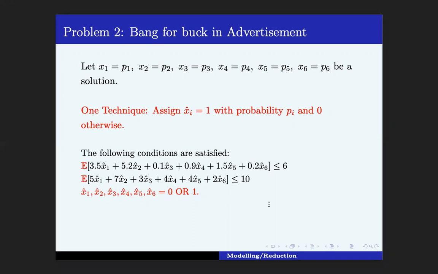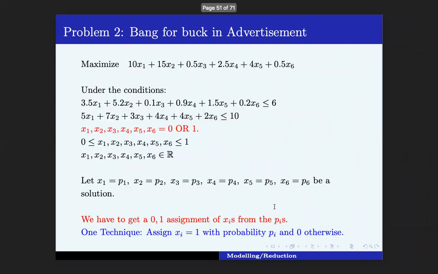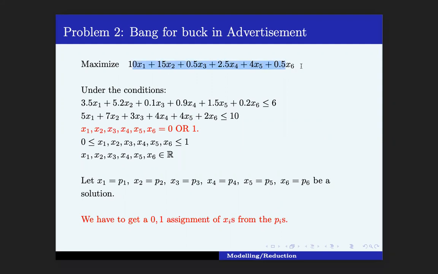I want these inequalities to be certainly satisfied. Then you can come up with some other strategy and say that I can give you an assignment of x1 to x6 of 0 and 1, which will satisfy all the constraints. But the maximum value, I'm not saying that I will achieve the maximum, but I will achieve at least half of the maximum.